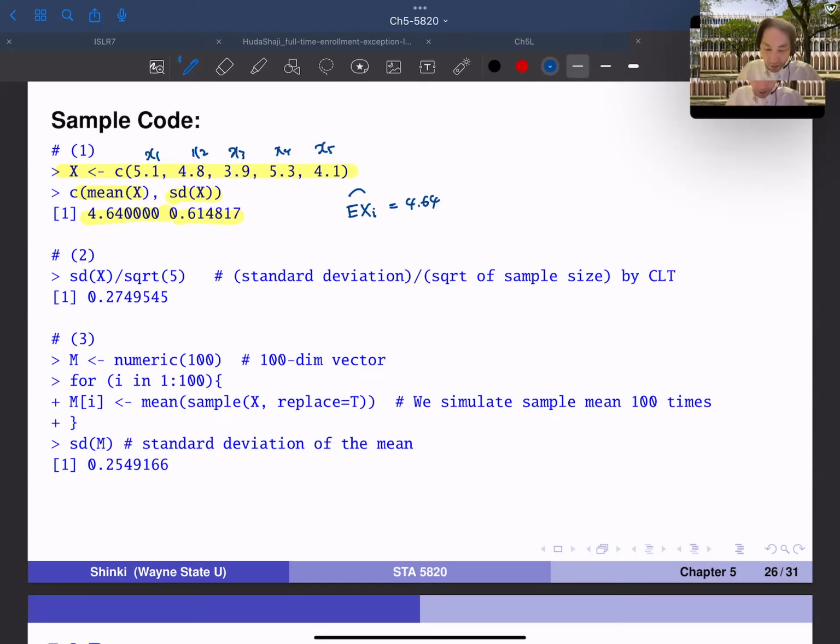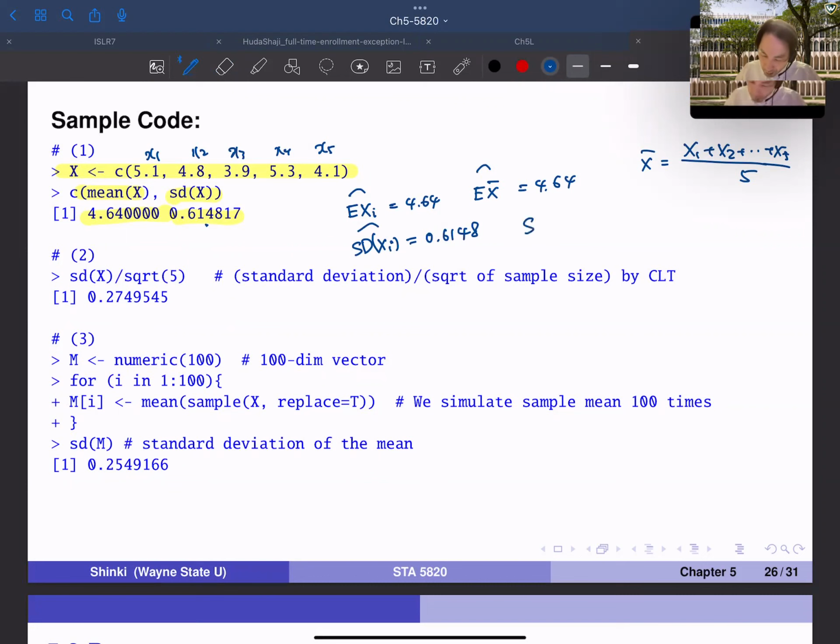The estimate of the expectation of xi is 4.64. The expectation of x bar estimate is also 4.64, right? So x bar is equal to x1 plus x2 plus up to x5, divided by 5. Then the standard deviation of xi is equal to 0.6148. This is again an estimate.